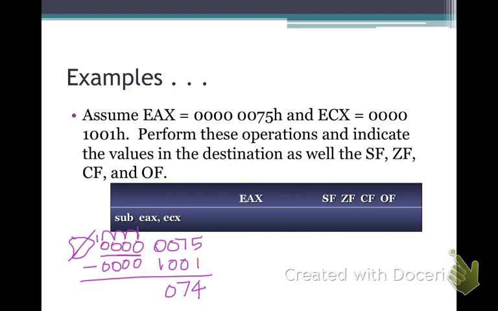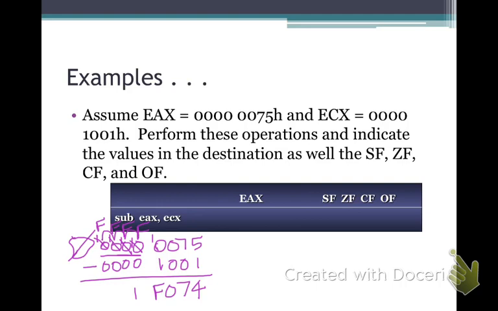10 is going to take one away and loan it to this guy, who is going to take one away, loan it to this guy, who's going to take one away, and loan it to this guy so we can finish this. 10 minus 1, 16 minus 1 is 15.